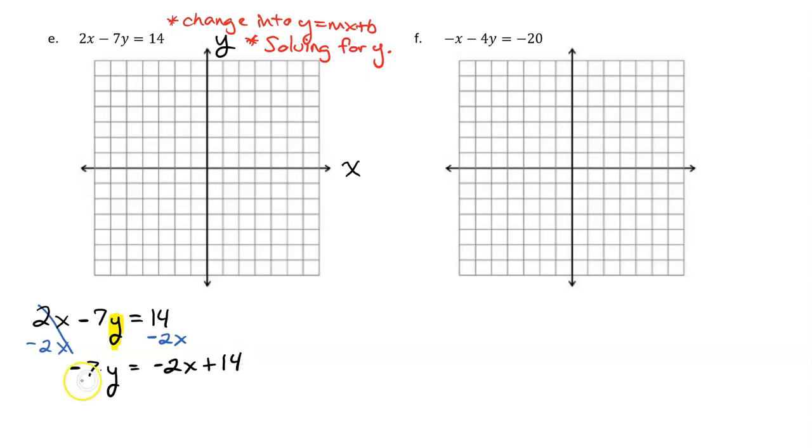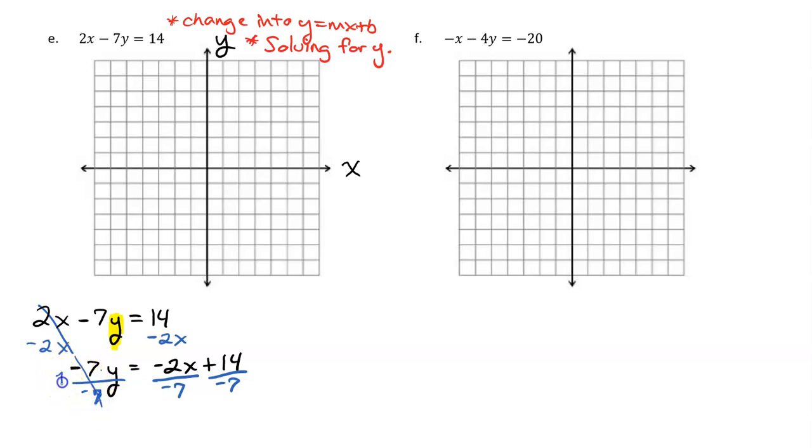And then we'll undo this multiplication of negative 7 by division. And when I do the division, remember I've got to do it to both sides. And in fact, I've got to do it to every part of both sides. So that means both pieces of the right-hand side are going to get divided by negative 7.